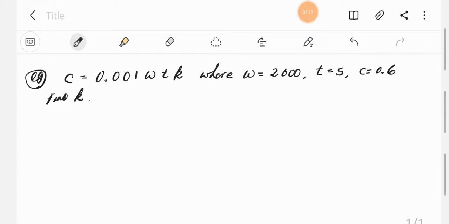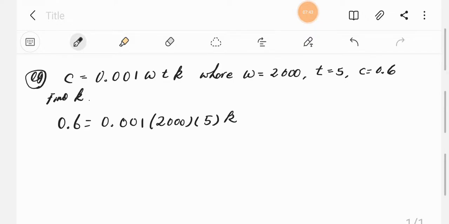So C is 0.6. So 0.6 is equal to 0.001 times W. WTK means these are all products. And W is 2000. T is 5. And K is the variable that we want to find.